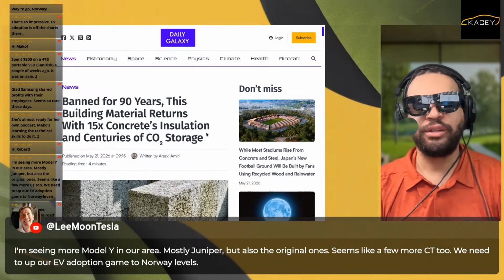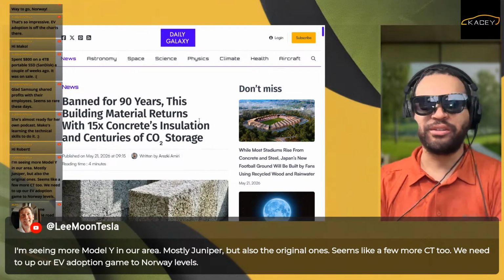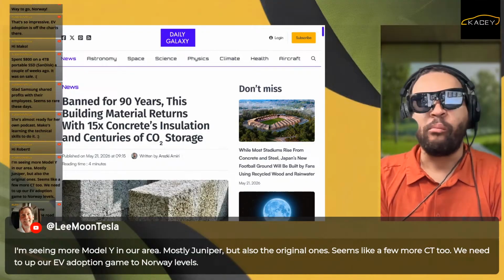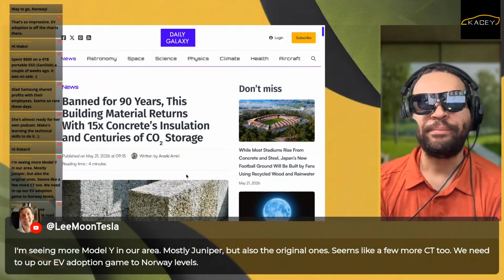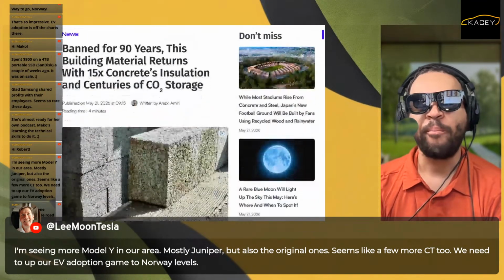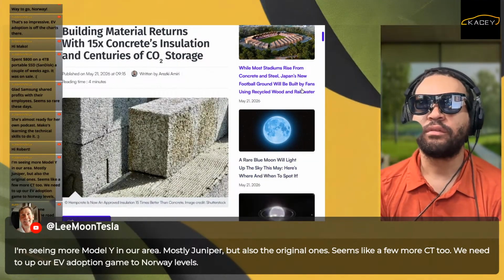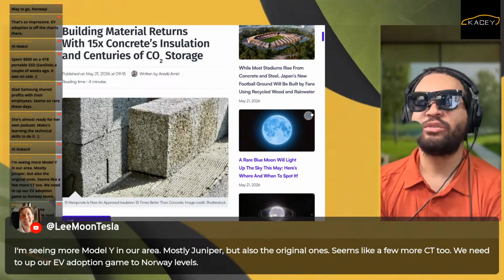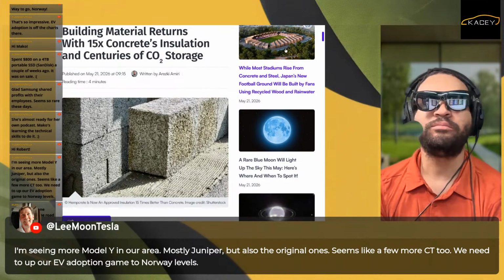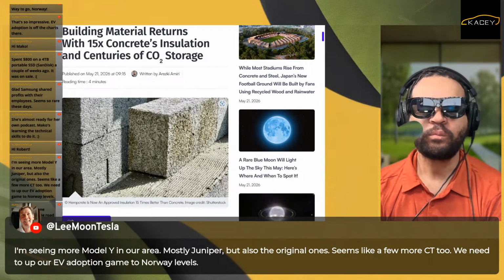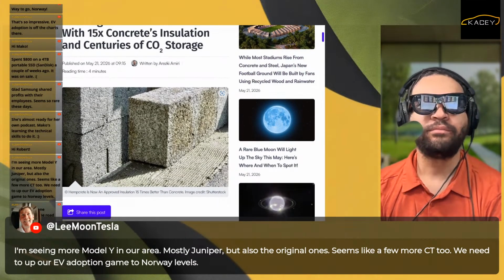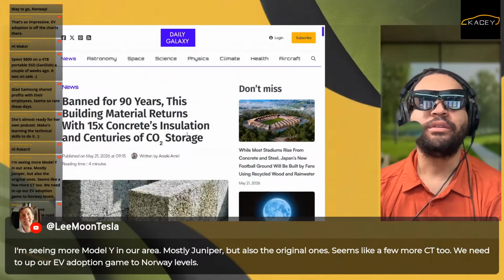Okay, this one, I just saw the headline, and I know nothing more about it, so let's explore it together. Recycled wood and rainwater. Recycled wood I get, but how's rainwater? Interesting. Alright, now who is this? This is Daily Galaxy.